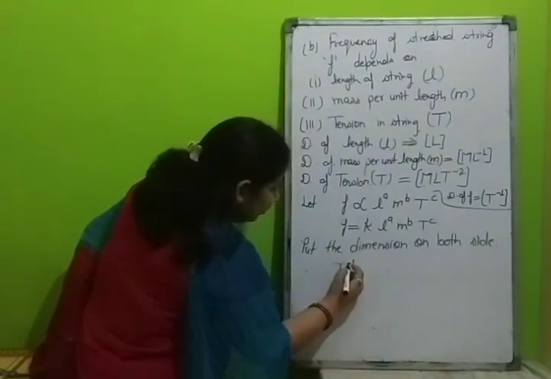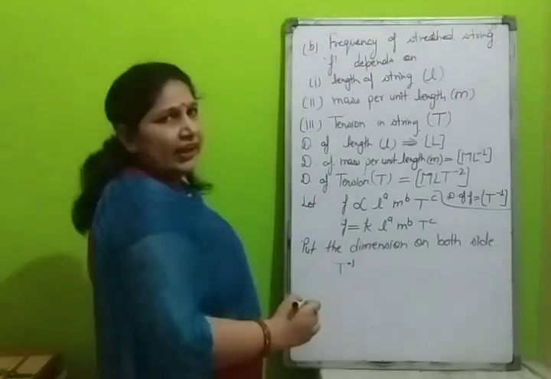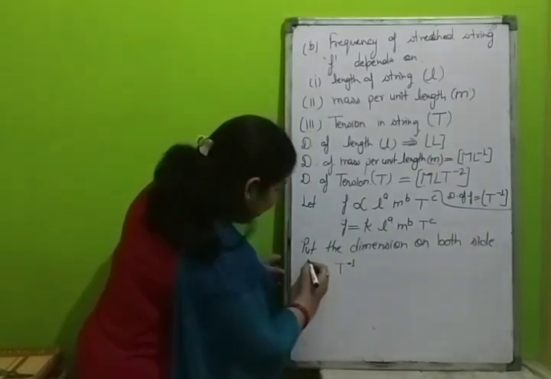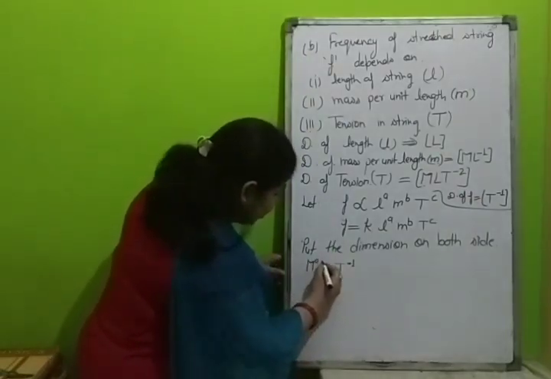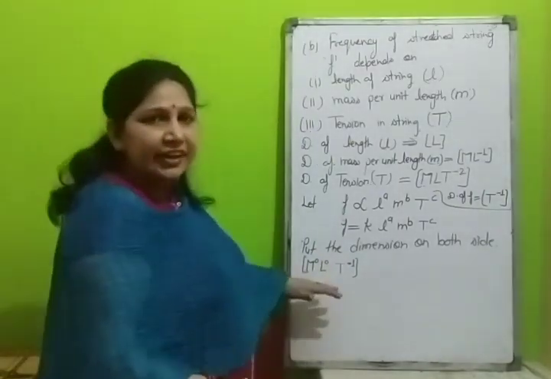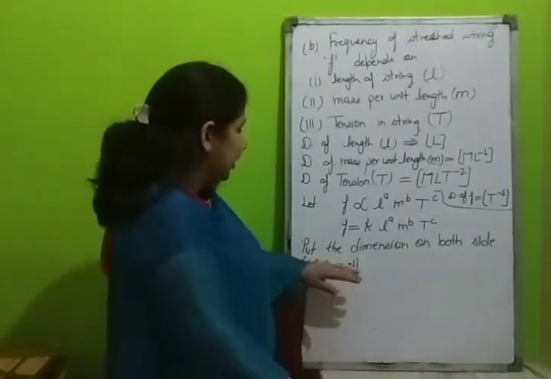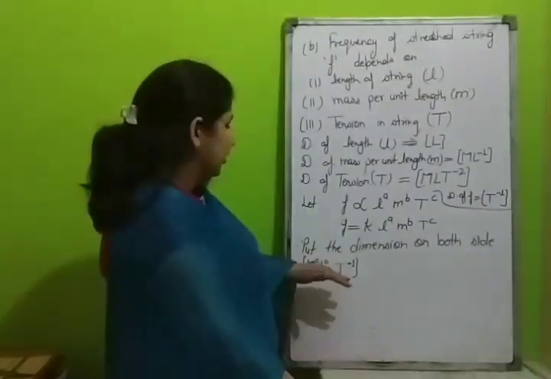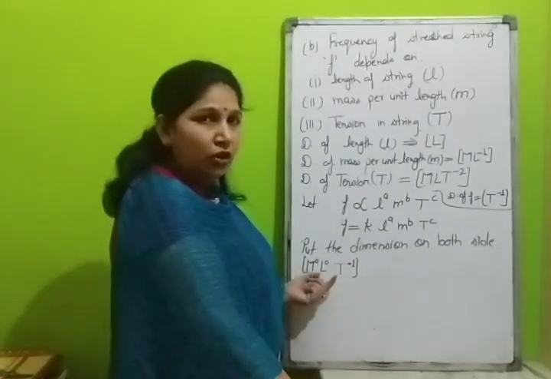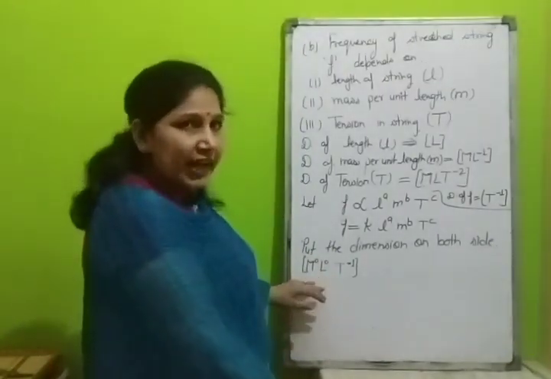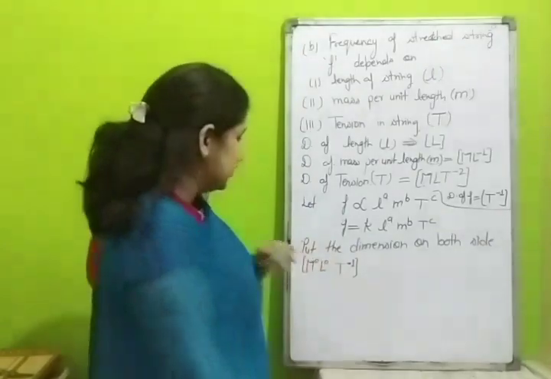As I told you, here we have to compare, so on the left-hand side, if there is no M and no L, we write them with 0 power. Got it? We can write the dimension of frequency as T minus 1, but as we have to compare here, we need M and L also, with 0 power. We will write M0 L0 T minus 1.